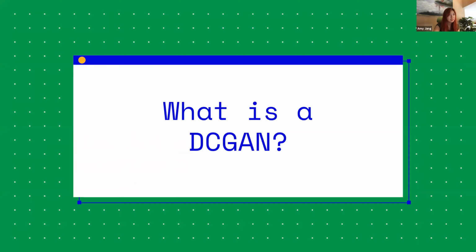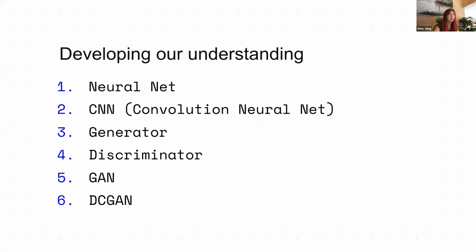There's a lot of letters, but in order to understand the DCGAN, we first have to understand a little bit about some other architectures first, because the DCGAN builds upon these other structures. So the first thing that we'll try to understand very conceptually is the neural net, then the convolutional neural net, which is the CNN, the generator, the discriminator, the GAN, the general adversarial network, and then the DCGAN.